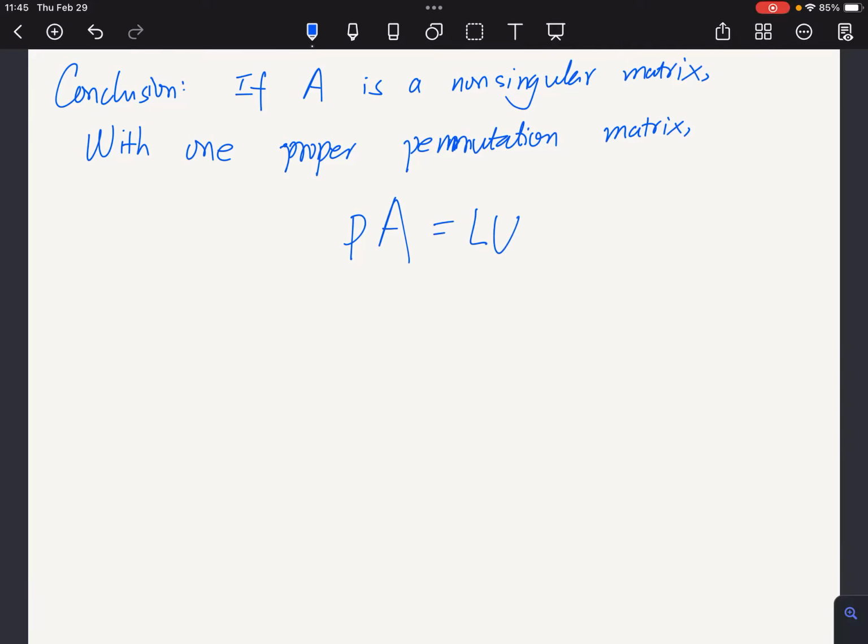But you can perform the row exchange first, and then after the row exchange, you can perform the Gaussian elimination without row exchange. So this is the result after the row exchange. This one represents the row exchange here, the P.